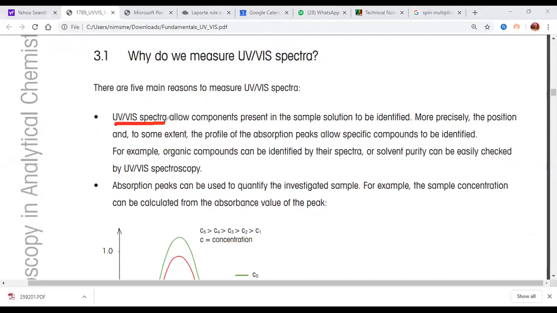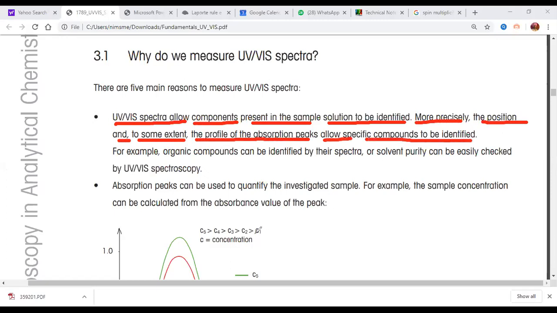UV visible spectroscopy allows components present in the sample solution to be identified. More precisely, the position and to some extent the profile of absorption peaks allow specific compounds to be identified.